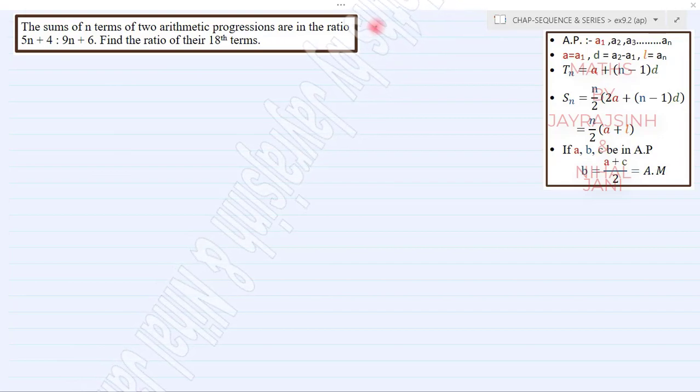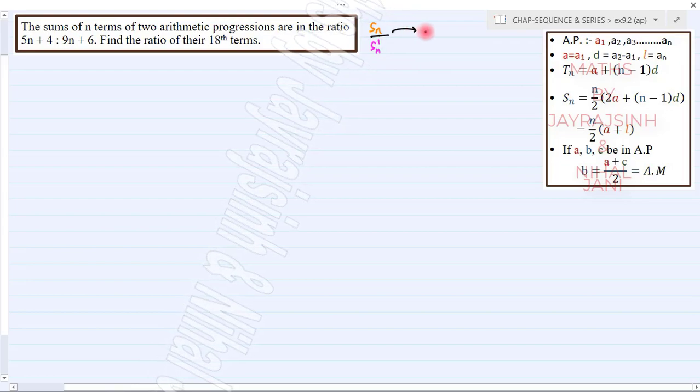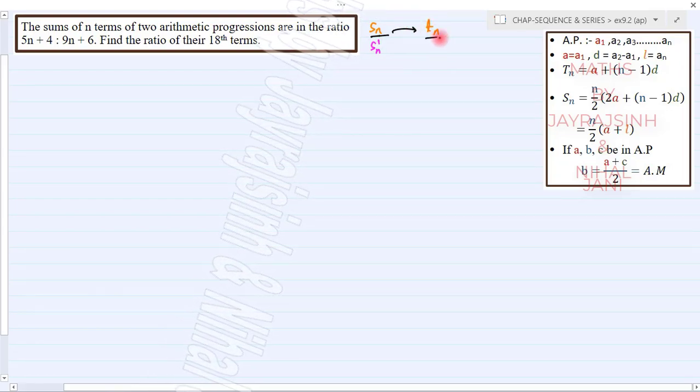In this question, we have the ratio of the sum of n terms and we have to obtain the ratio of the nth term.